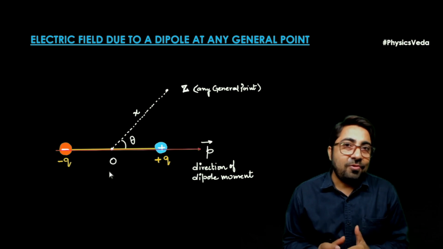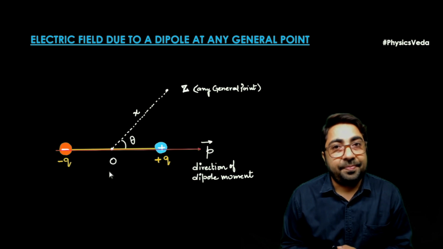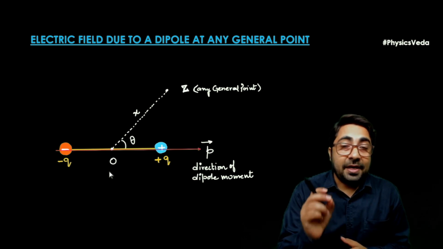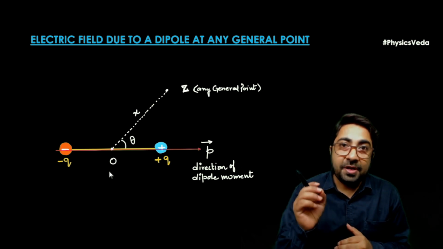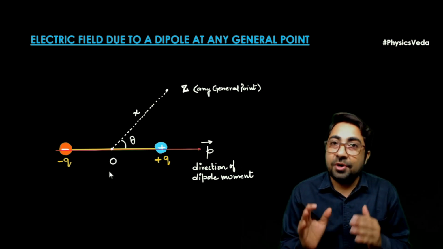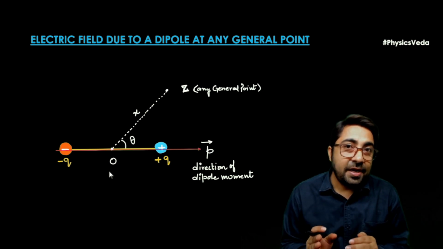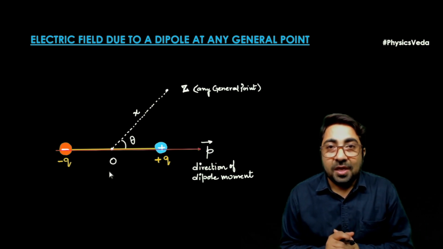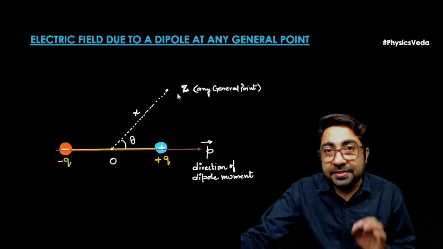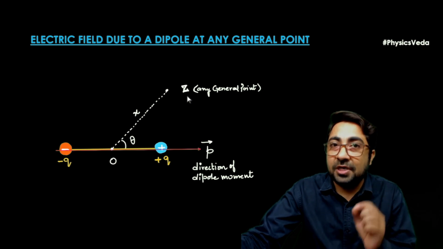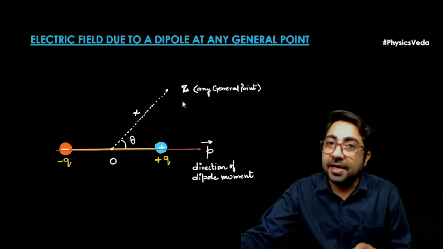Now we will calculate the intensity of electric field due to the dipole system. But here we will calculate the electric field intensity at any general point. That point is neither on the axial line nor on the equatorial line. So the point is situated at any general point. From the diagram, it is very clear, let us consider Z is that general point where we have to calculate the intensity of electric field.